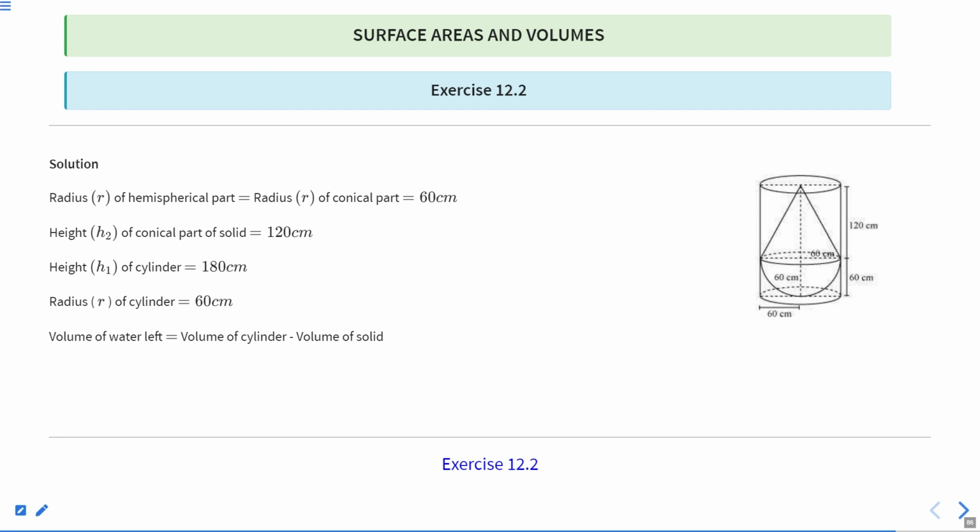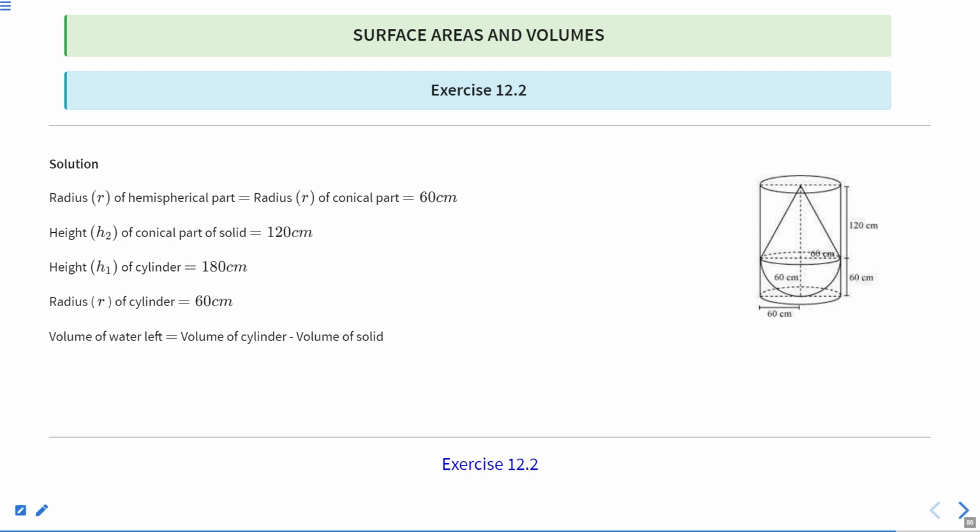And now the height h1 of the cylinder is equal to 180 centimeter, and the radius of the cylinder is 60 centimeter, and now we need to find the volume of water left.